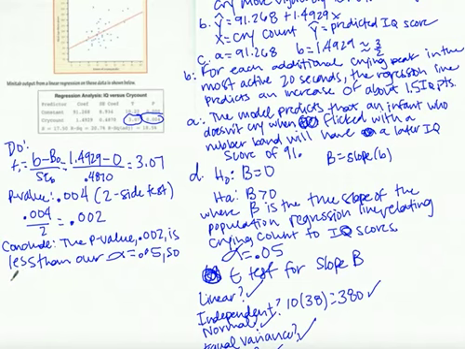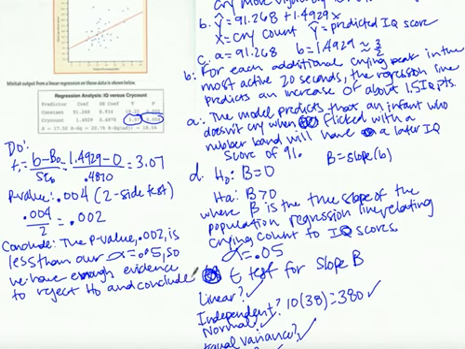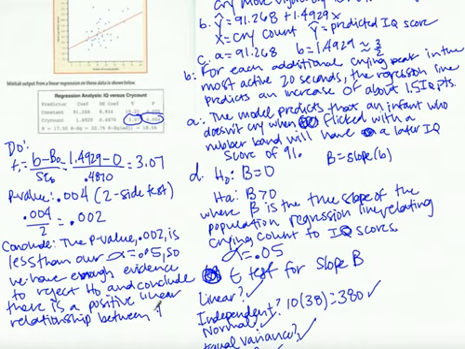So we have enough evidence to reject the null hypothesis and conclude that there is a positive linear relationship between intensity of crying and later IQ scores.